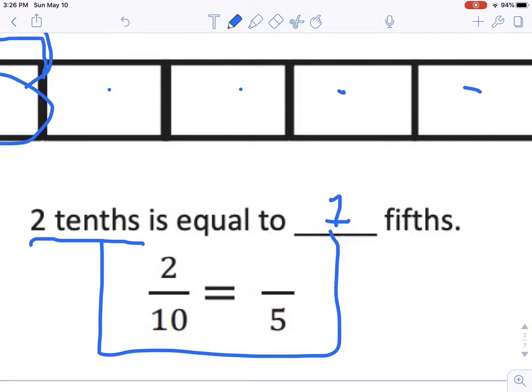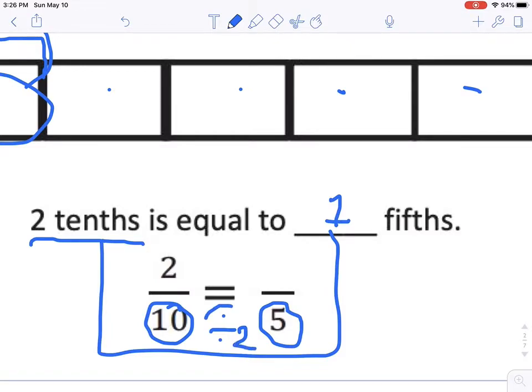10, how does 10 get to 5 at the bottom? If I look at this number here and this number down here, what do I have to do to 10 to get to 5? I have to divide it by 2. So 10 divided by 2 gives me 5.